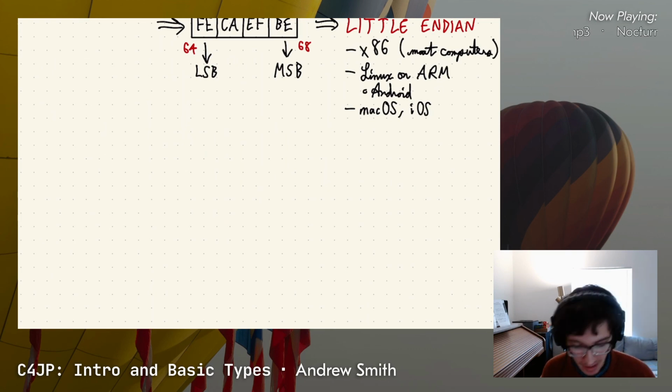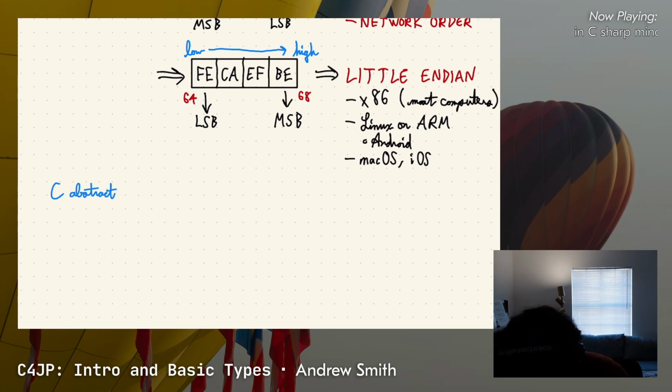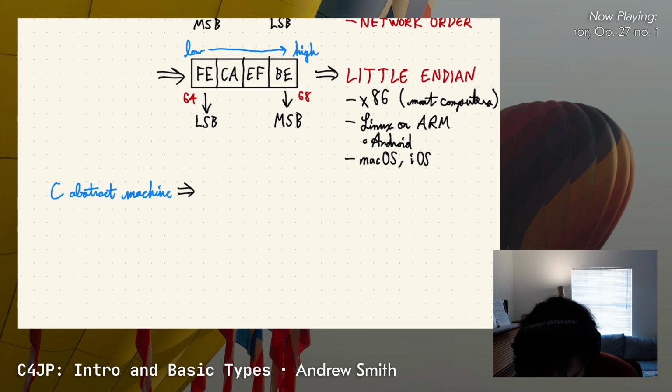So the C abstract machine is defined to treat values as if every number you receive is big endian.